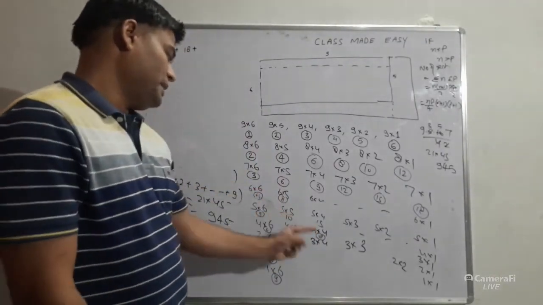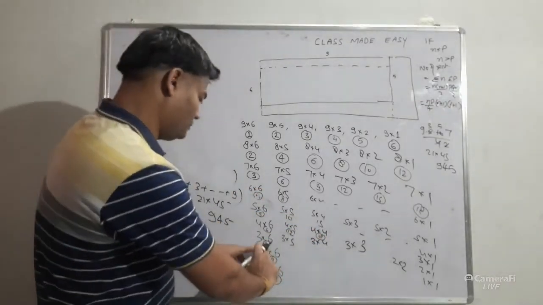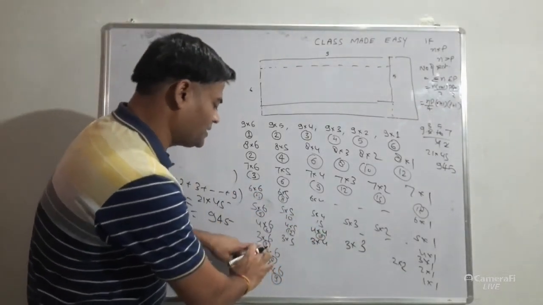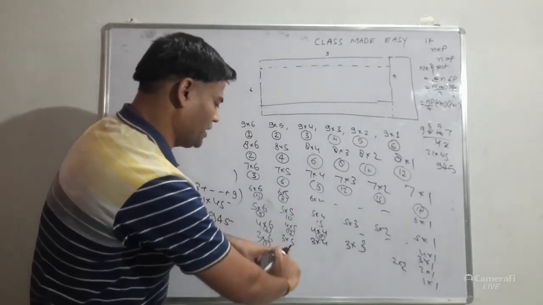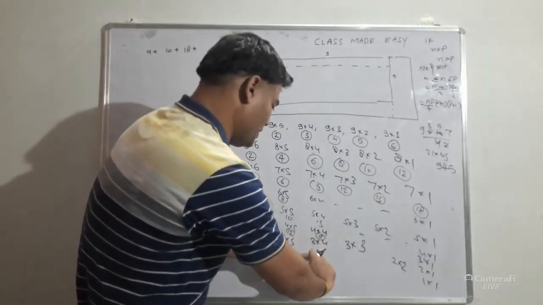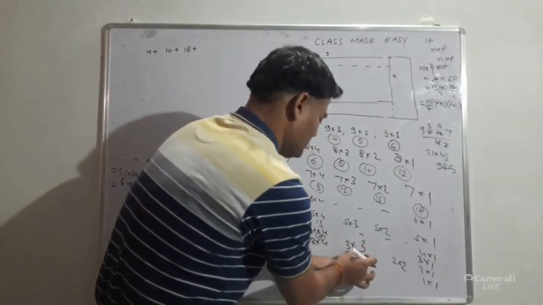So 4, 10, 18. Now see, this line starts with 7. You can write the table of 7: 7 times 3 is 21 and 7 times 4 is 28.